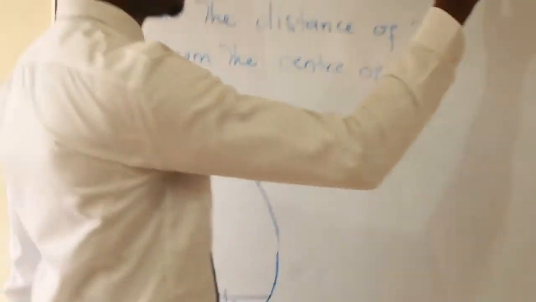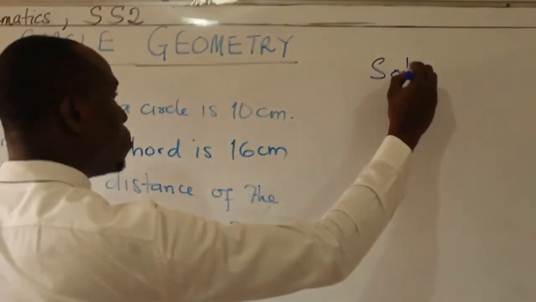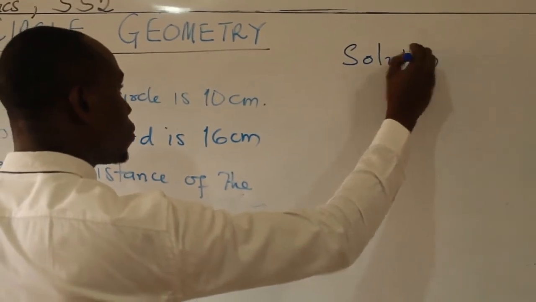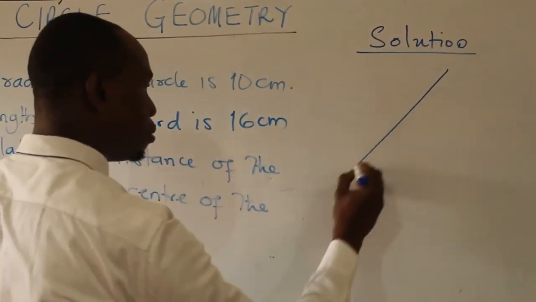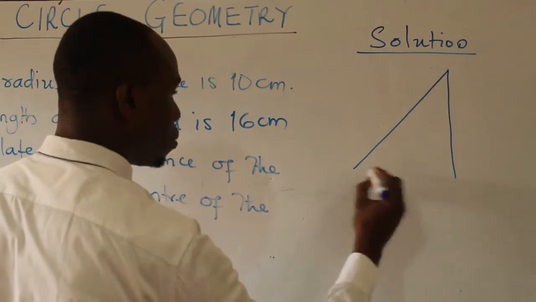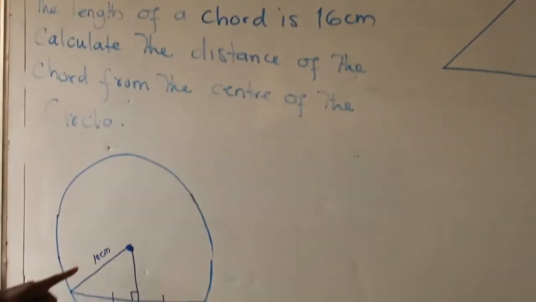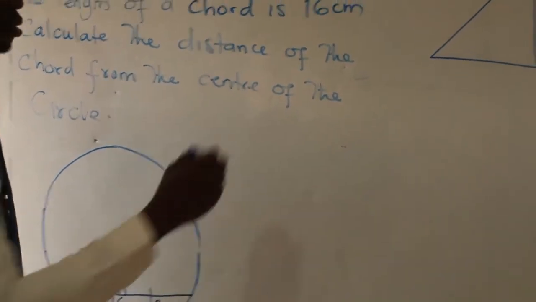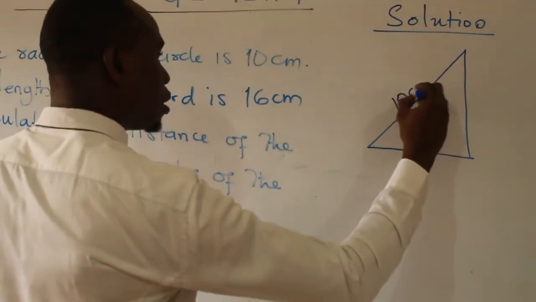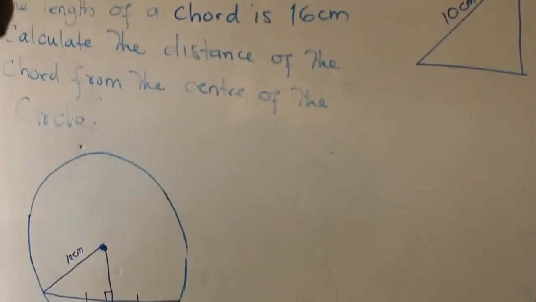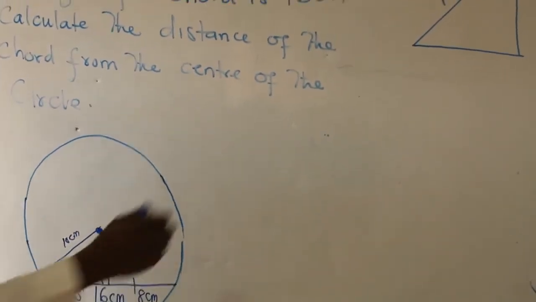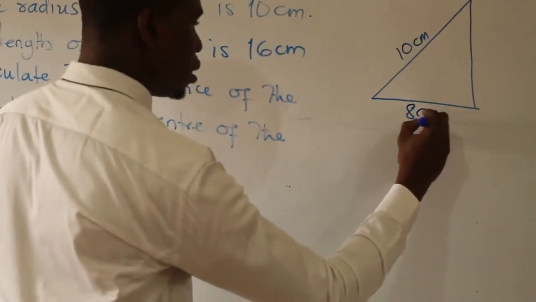So on this part of the board, I put my solution, and then I extract my diagram. We had said this part is 10 centimeters, so this is written as 10 centimeters, while this other side is 8 centimeters, so this is 8 centimeters.